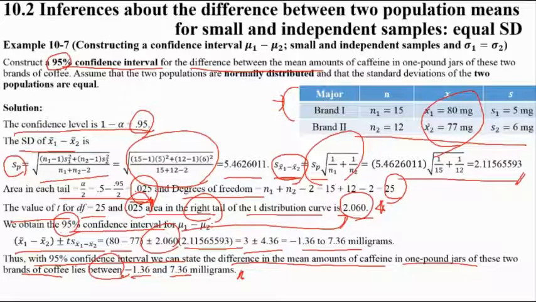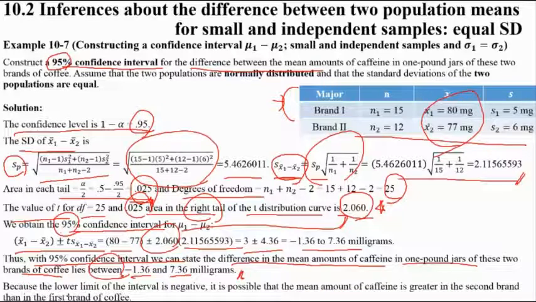That's our conclusion. If you understand, you can try it. Because the lower limit of the interval is negative, negative 1.36, it's possible the mean amount of caffeine is greater in the second brand than in the first brand.